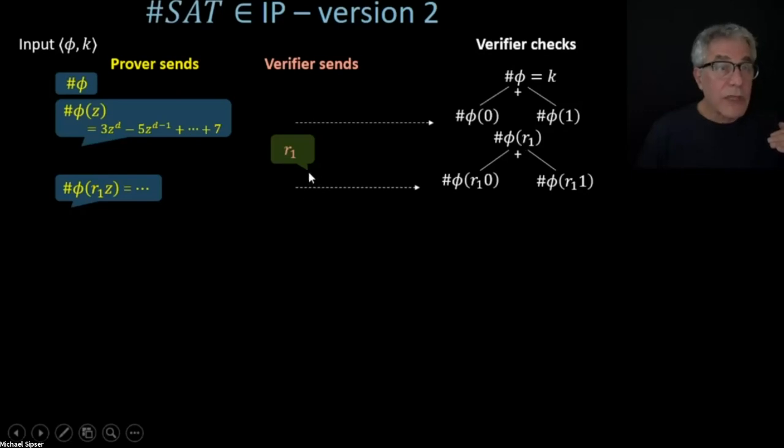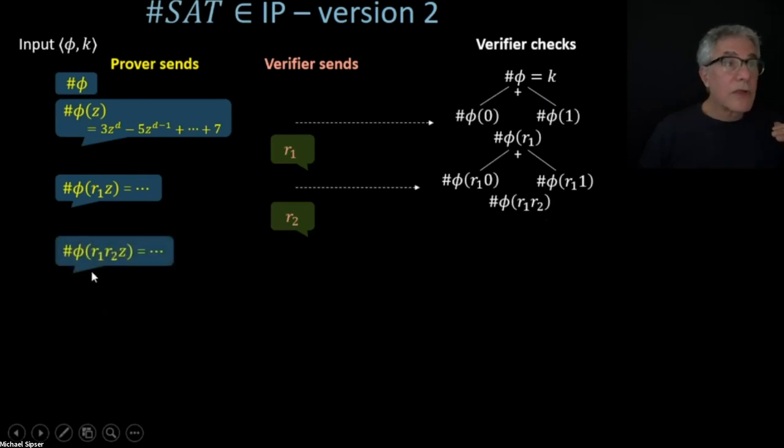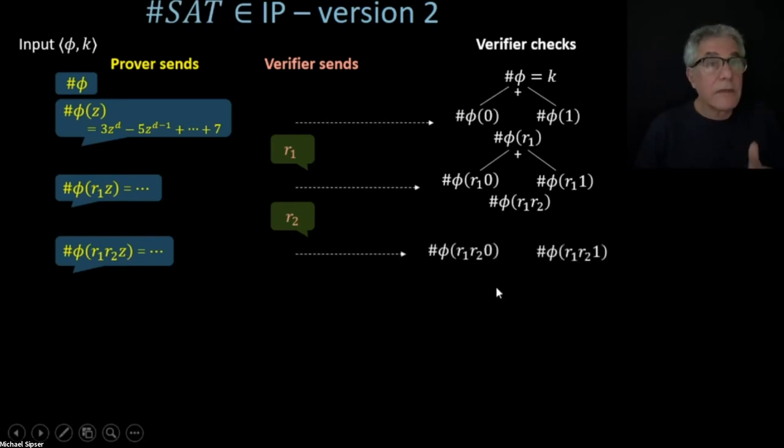And now to be sure that this polynomial is right, we evaluate it at a random place, calculate that value, and then have to see that this value is correct. So now we expand it one level down further. We take a polynomial for the next variable, and we see that adds up.